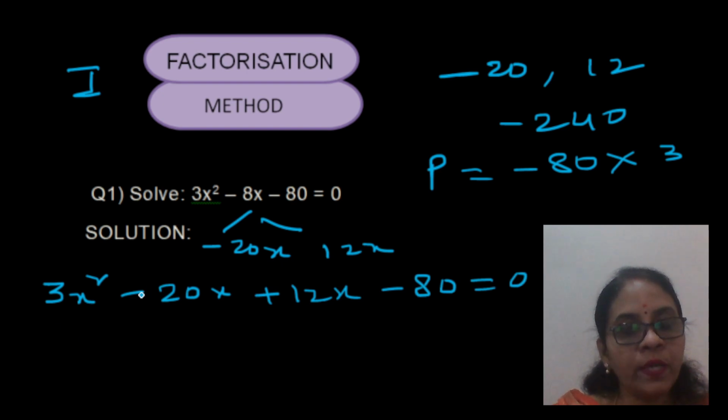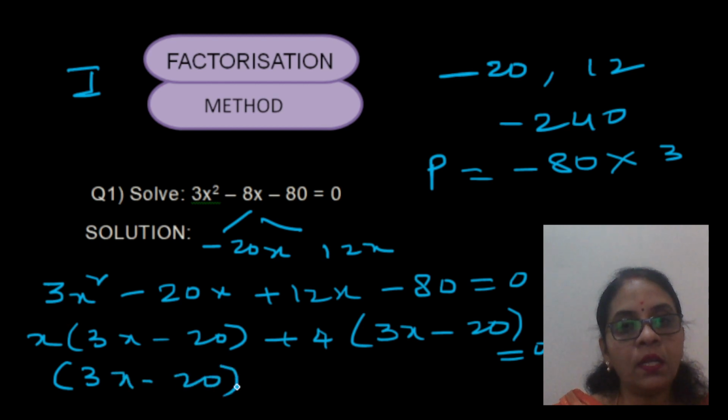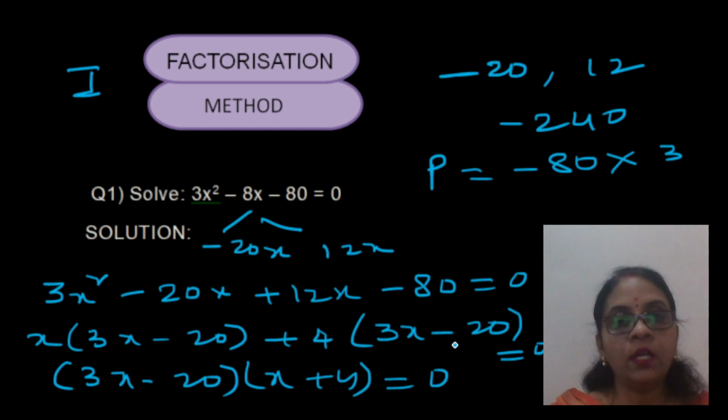Now in these two we cannot take anything common, so we'll just take x common. 3x minus 20. Between 12 and 80 we can take 4 common, so 3x minus 20. Remember, children, these two expressions will be the same. So 3x minus 20 into x plus 4 is equal to 0.